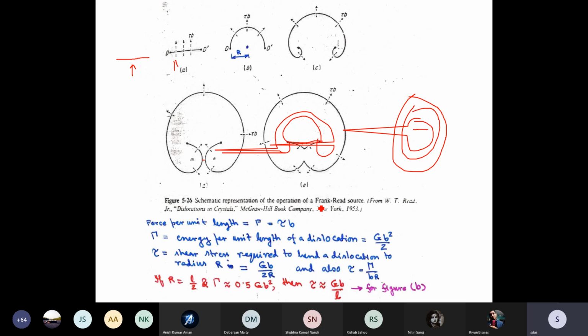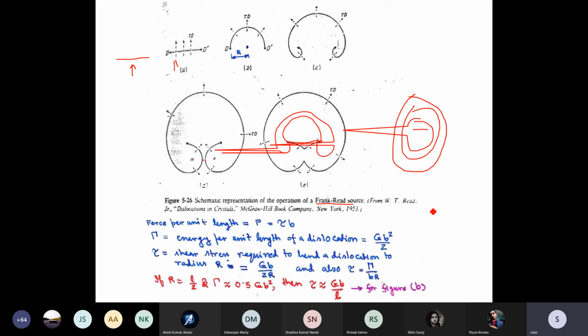And this mechanism is called the Frank-Read source. So what is the force per unit length acting on this dislocation?